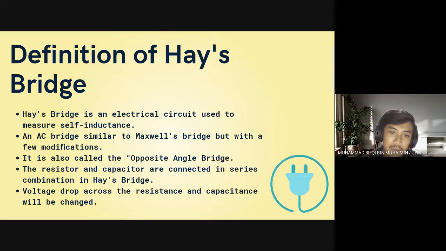But in Maxwell Bridge, the resistor is in parallel with the standard capacitor, so the magnitude of the voltage across the resistor and capacitor will be the same. After that, the Hay Bridge is more convenient for measuring inductance and resistance of coils with high Q value. That's all.